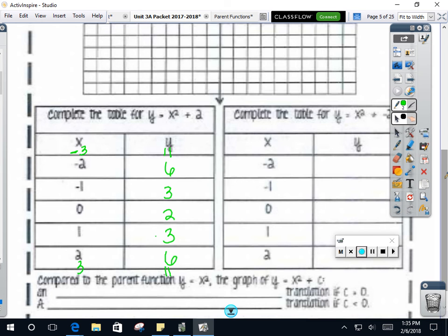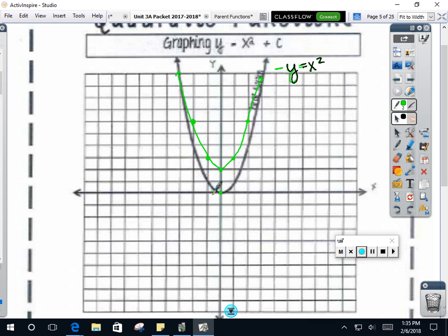So think about it. If you went left 3, 1, 2, 3, up 11, wouldn't you pretty much land on the other parabola? And if you went right 3 and then up 11, you would pretty much land on the parabola. So it's the same width. It didn't get skinnier or wider. The only thing that changed was the vertex went up 2. The entire parabola shifted up 2 units. Nothing else changed about it.